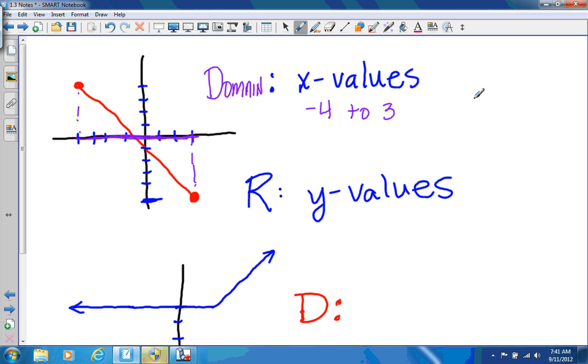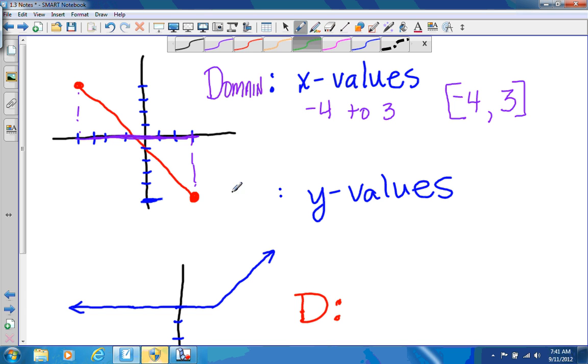Now to write your domain, you would write -4, a bracket because it's a closed circle, so it includes -4, then a comma, and 3, and this would also be a bracket. Then the range for a particular function would be the y values.